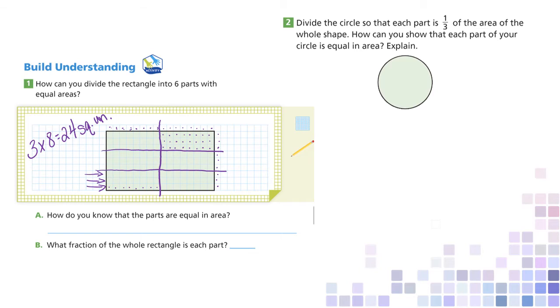A, how do you know that the parts are equal in area? Well, you can count the square units, or multiply to find the area of each.